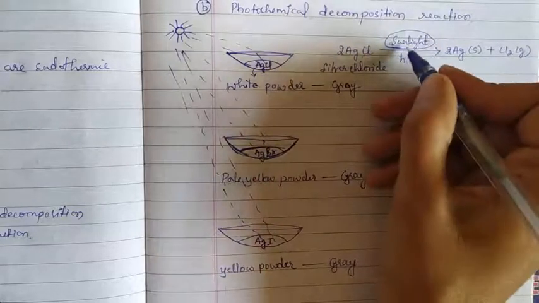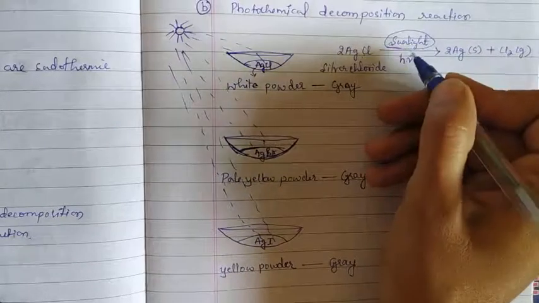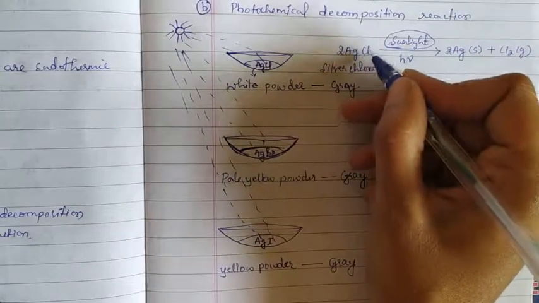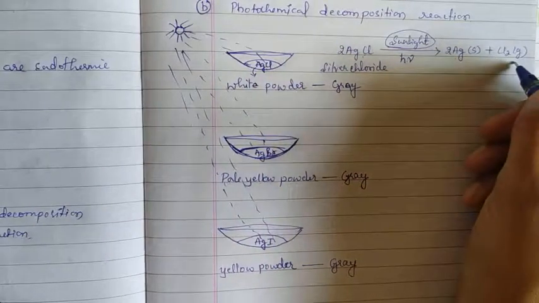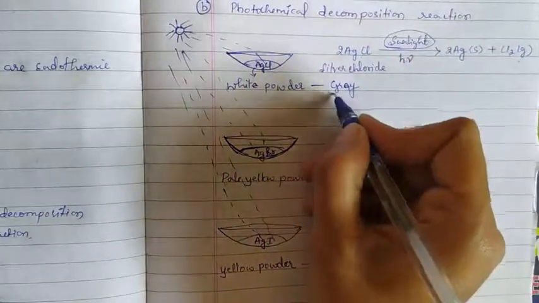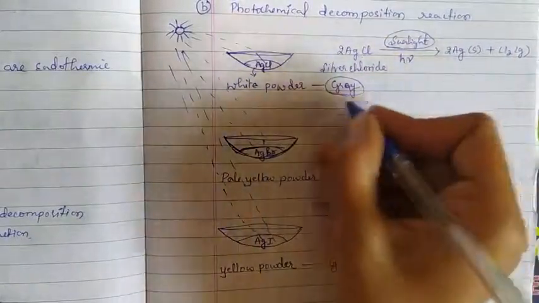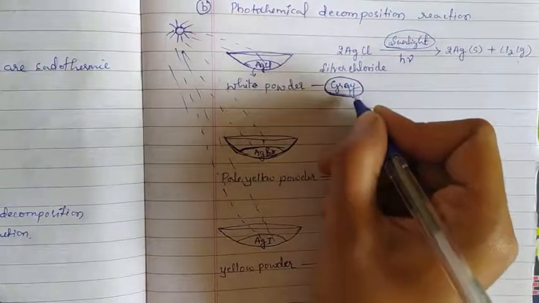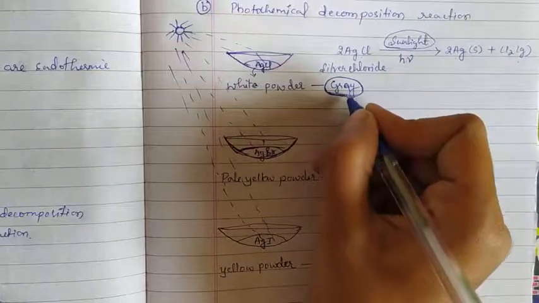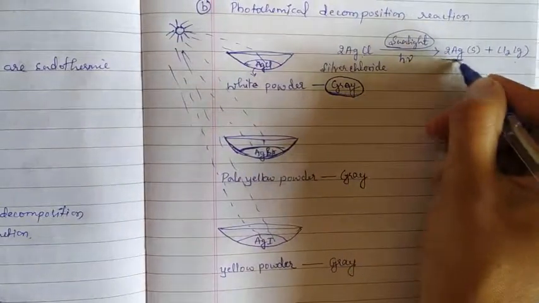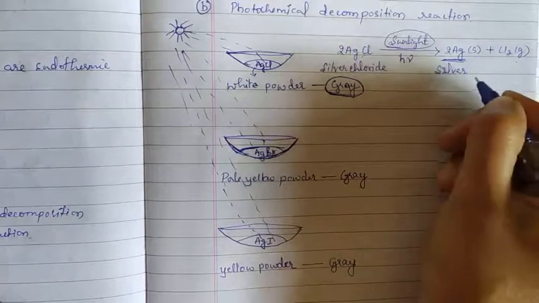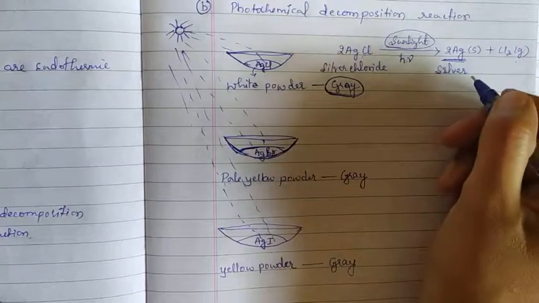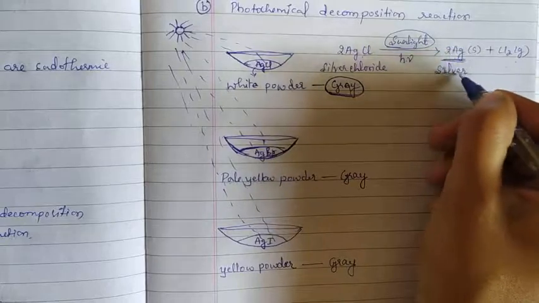The gray color observed here is due to the formation of free silver atoms.